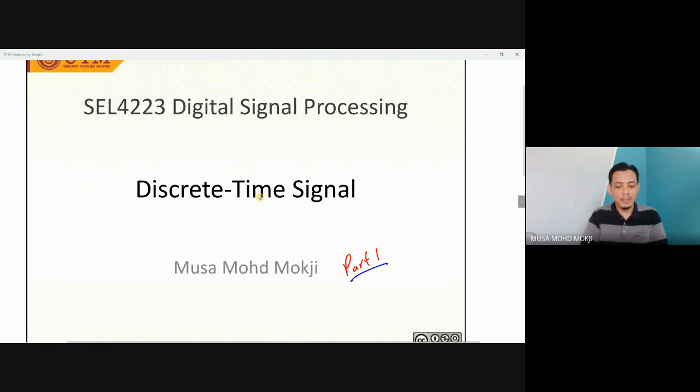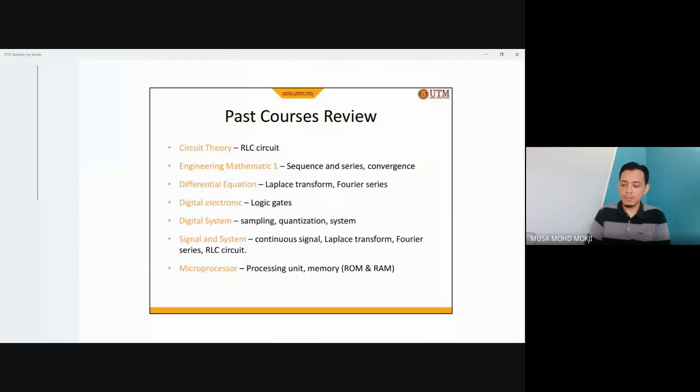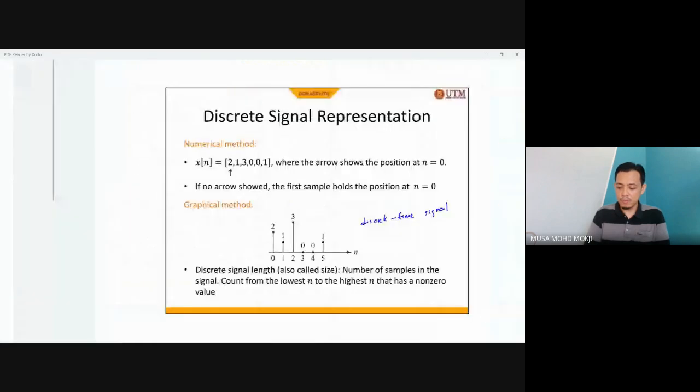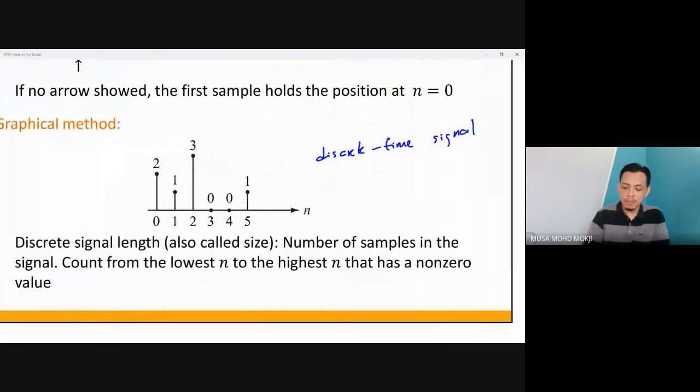So what it means is when we learn digital signal processing, one of the important things when we do analysis and everything is that the time is supposed to be discrete. We are looking at a discrete time. So it means that the x-axis is supposed to be discrete. This one, that n. So what is n? n is discrete time.